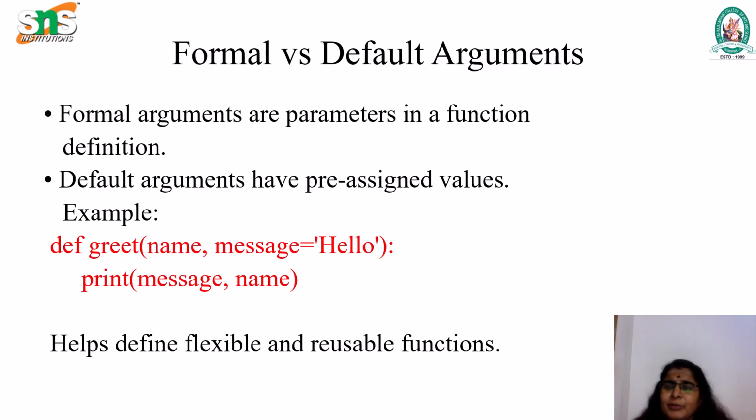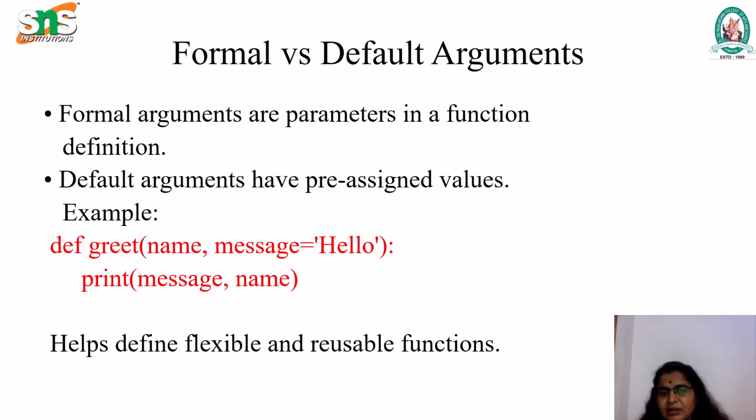Formal arguments are represented as parameters in a function definition, while default arguments have pre-assigned values for variables in a function. For example, we define a function greet, and we pass the parameters name, comma, message equal to "hello".